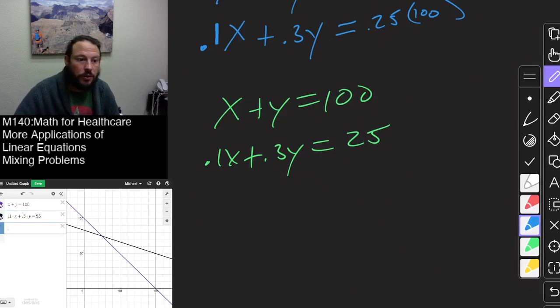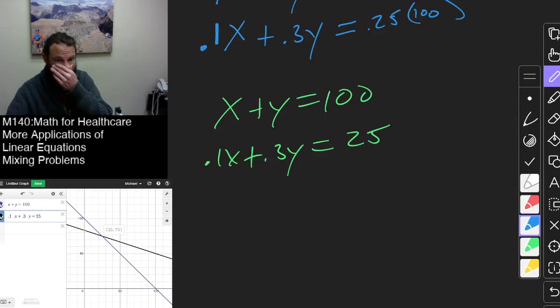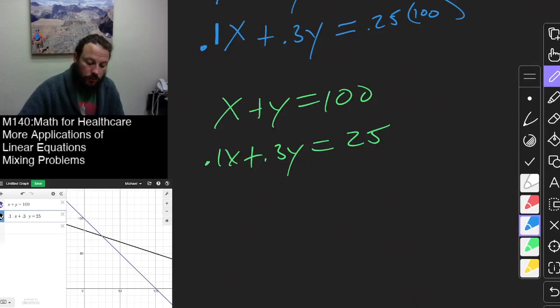Those are our two lines, visually. We want something that satisfies both of these, which is of course our intersection. Looks like that's 25, 75. We'll see how to find that algebraically.